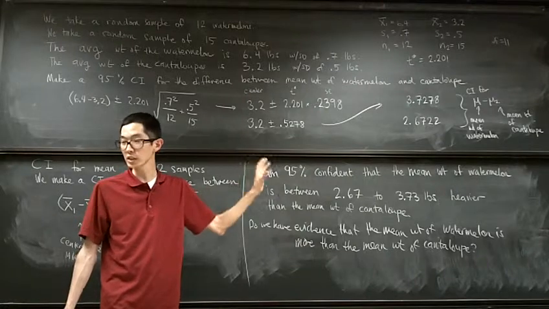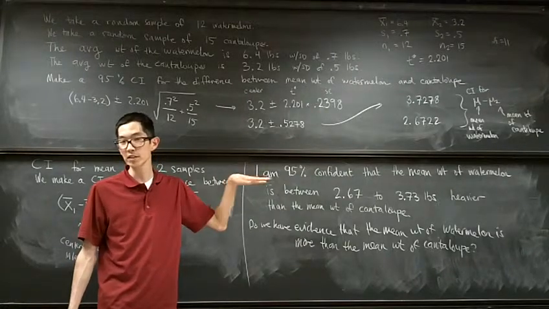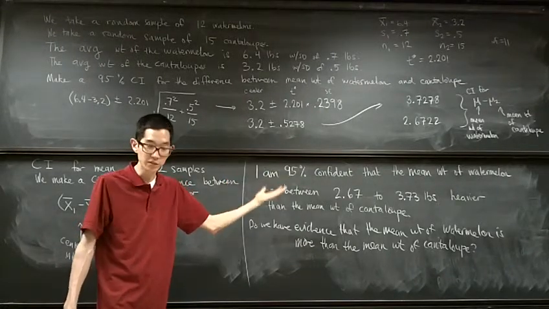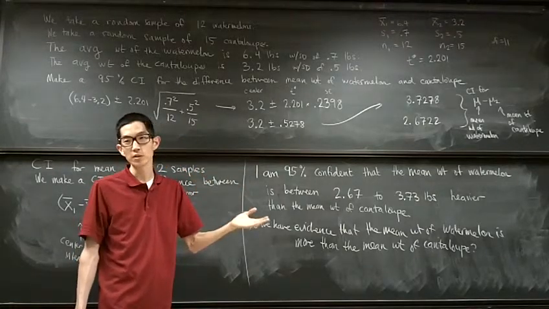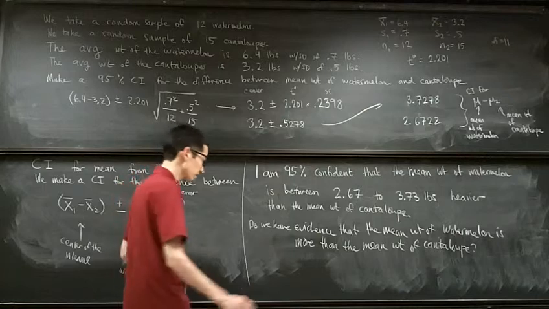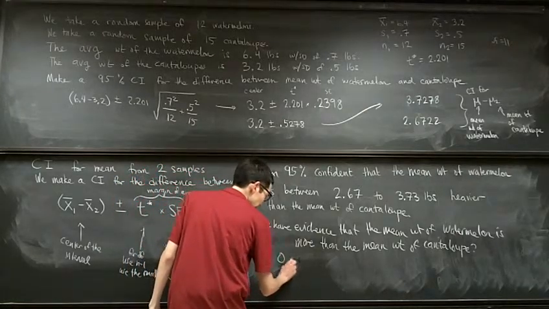If 0 is not in the interval, you have evidence that there's a difference. If 0 is in the interval, you will not have evidence of a difference.